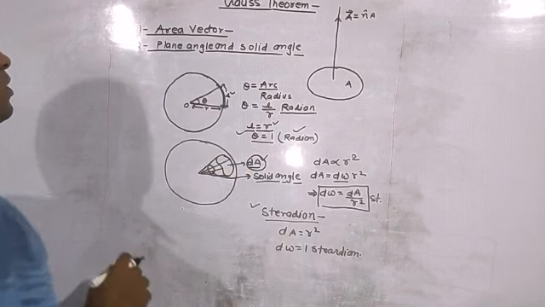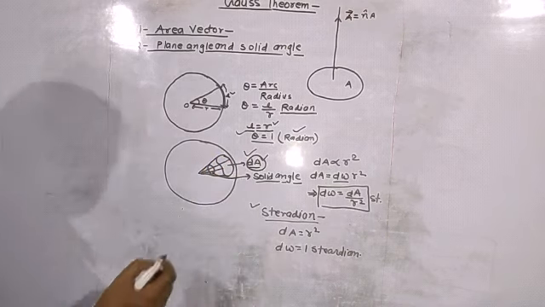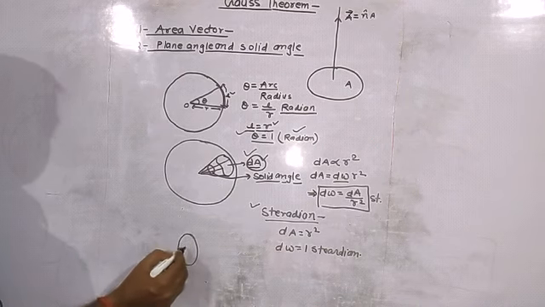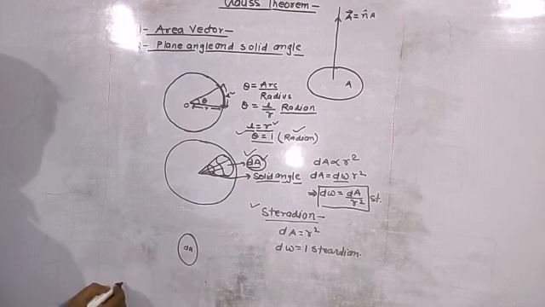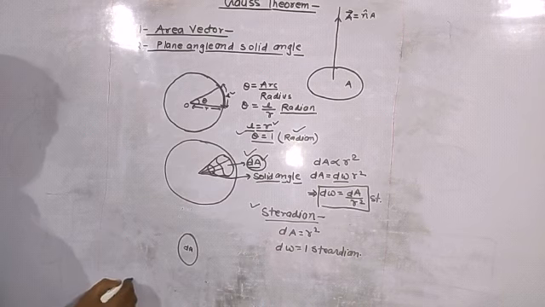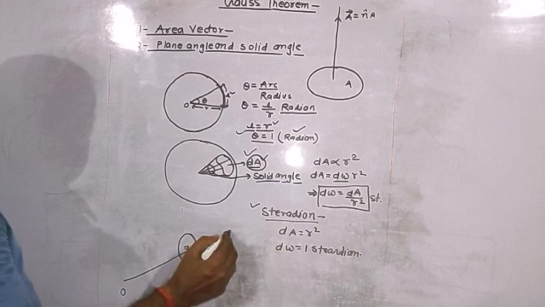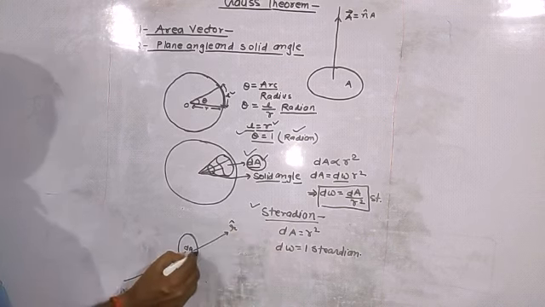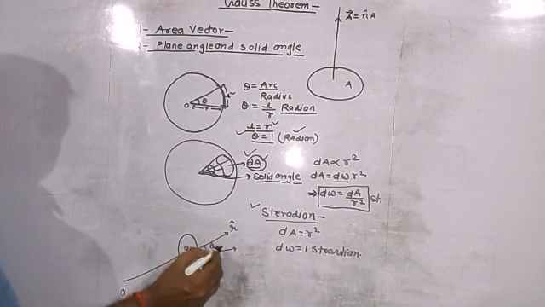Now the solid angle may be further defined as follows. Suppose we have taken some area dA from some point, say O. The radius vector will be outward as shown, and the surface area will make some particular angle theta.